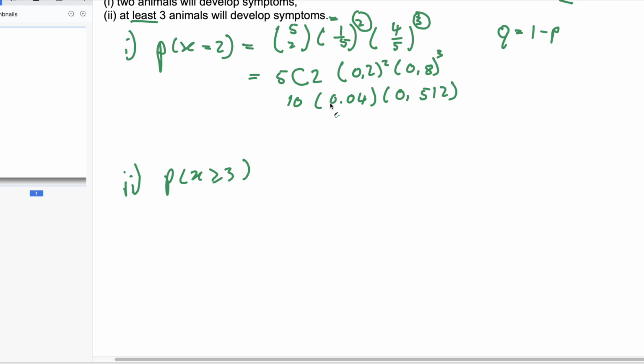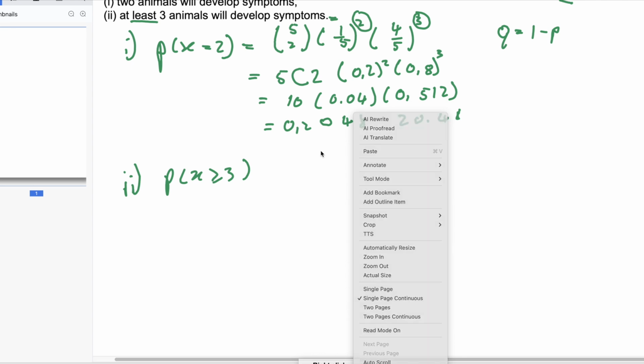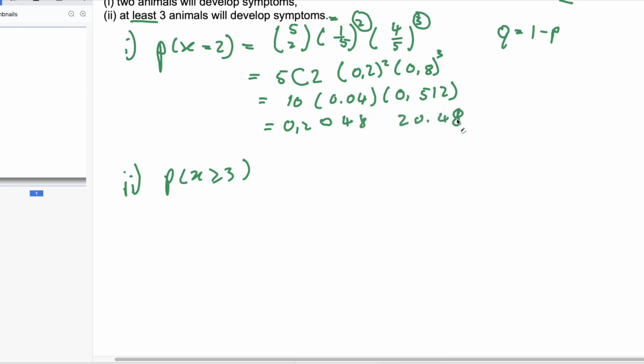So you times everything together: 0.512 times 0.04 times 10. That will give you 0.2048, which is basically 20.48%.